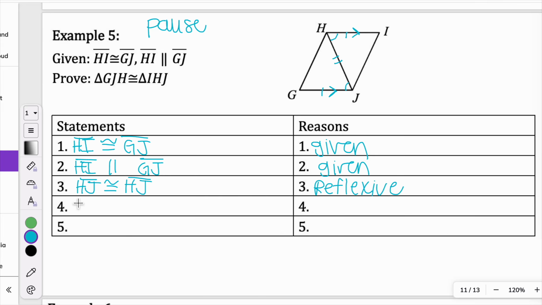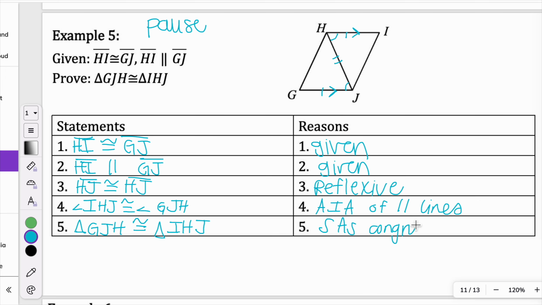So let's say angle IHJ is congruent to angle GJH using our reasoning of alternate interior angles of parallel lines. And then I can prove now that my two triangles are congruent with side, angle, side. So triangle GJH is congruent to triangle IHJ using side, angle, side congruence theorem.